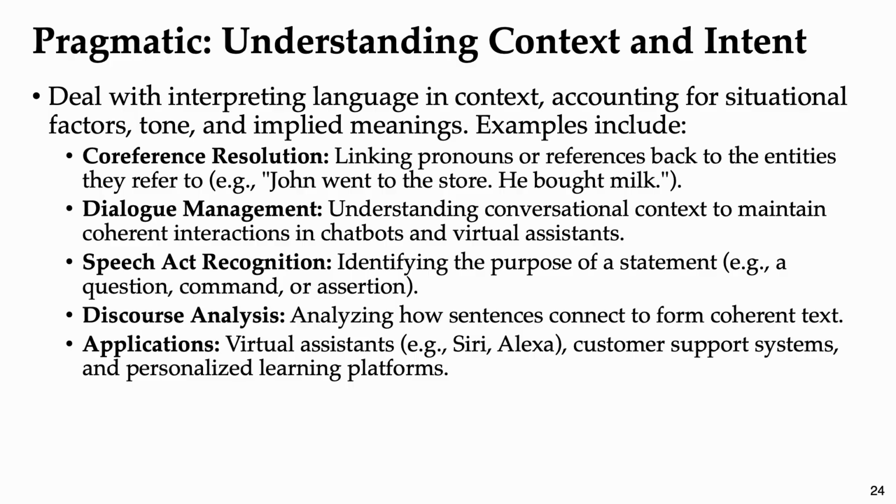So the tasks that we have here include co-reference resolution, for example, linking pronouns or references back to the entity that they refer to. This includes, for example, "John went to the store, he bought milk." If you have somebody else before John in a sentence, like "Matthew did this, John did that, and then they together did something else," "they" has to refer to the two entities, right?